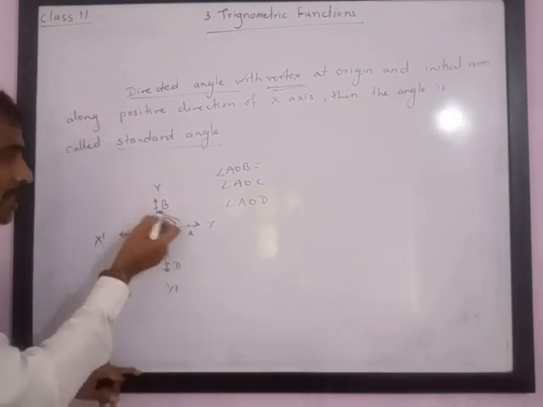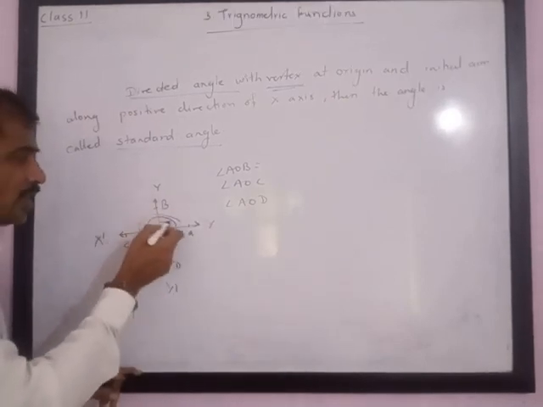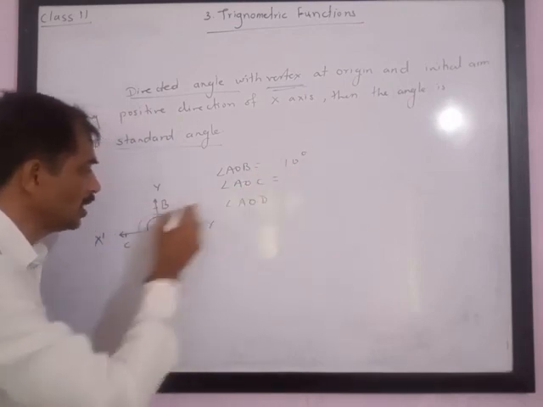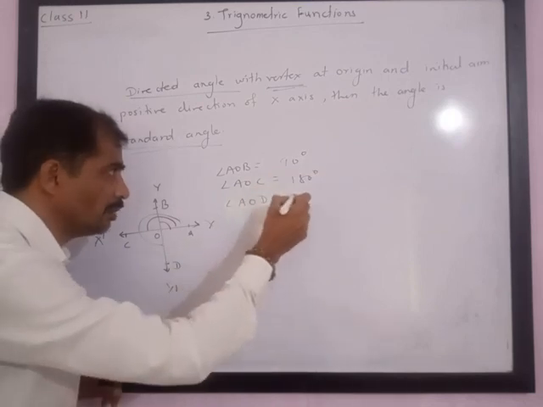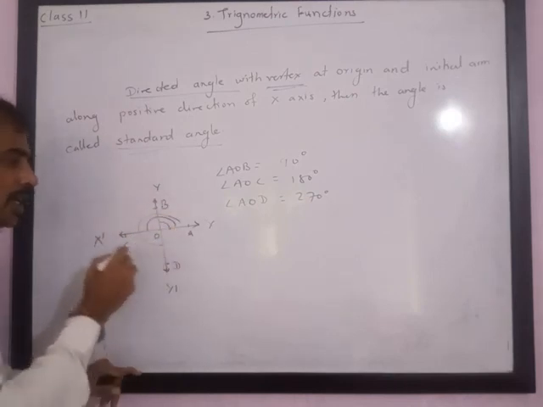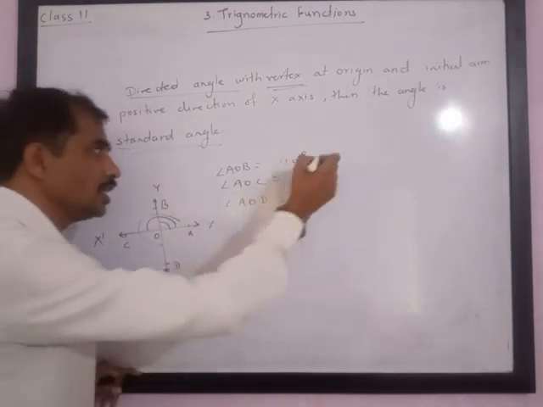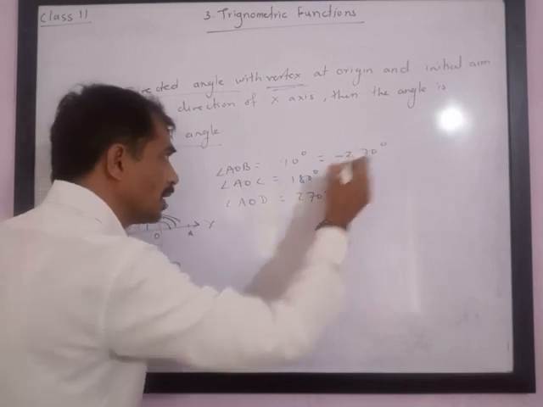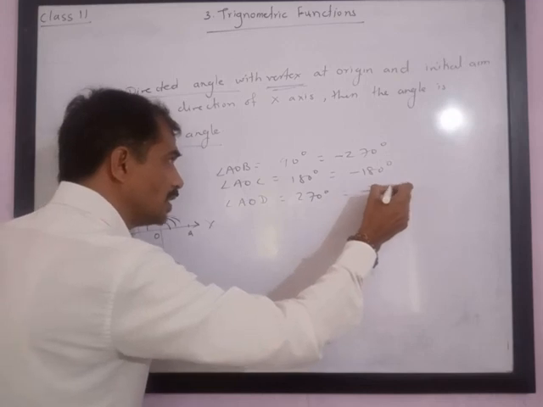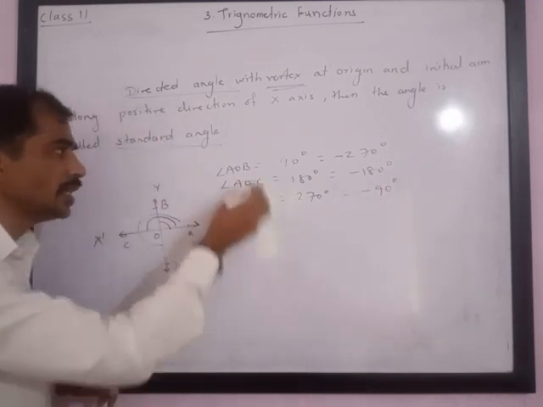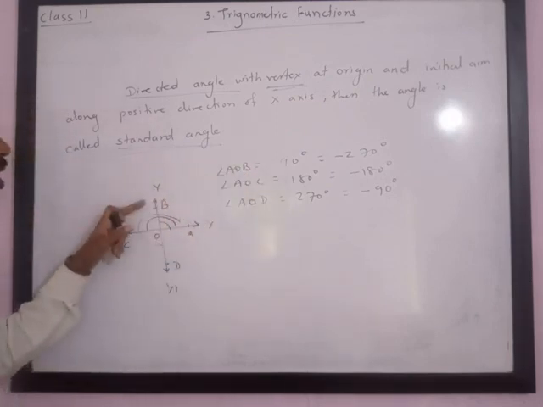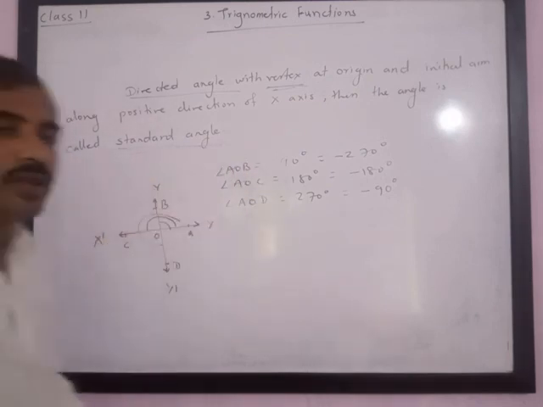If measured in anti-clockwise direction, these will be 90 degrees, 180 degrees, and 270 degrees. If the initial arm is rotated in clockwise direction, then these will be negative 270 degrees, negative 180 degrees, and negative 90 degrees. Try to understand this. Since both the initial arm and the terminal arm lie along the axis, these angles are called quadrantal angles.